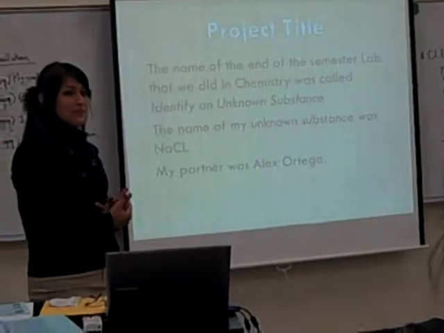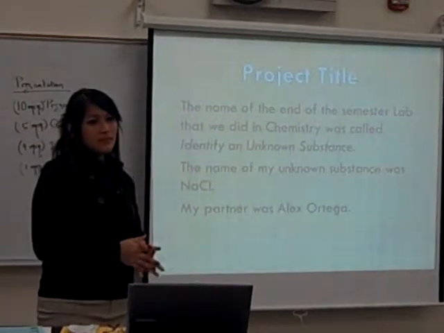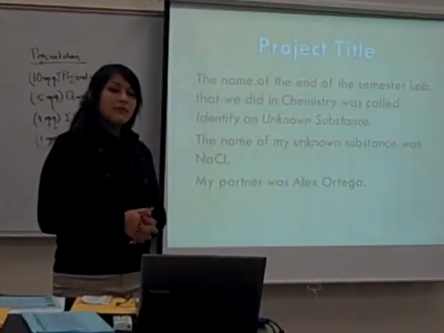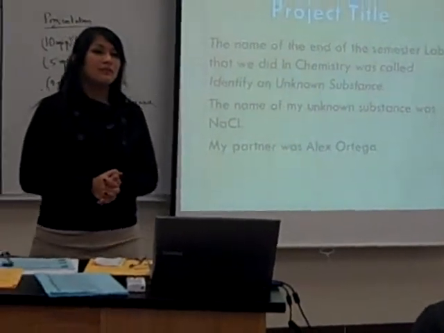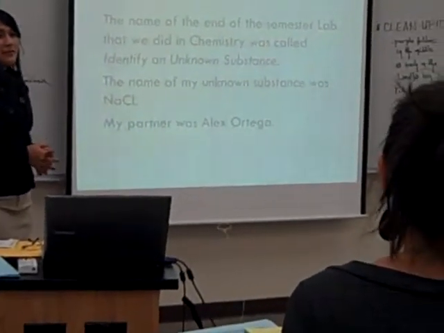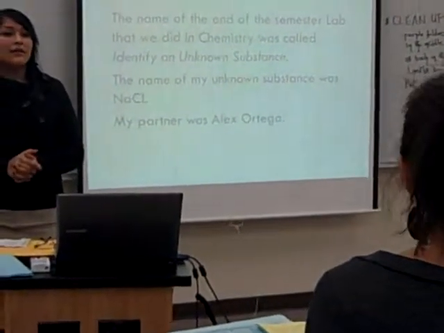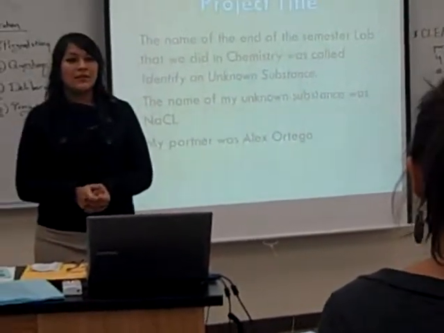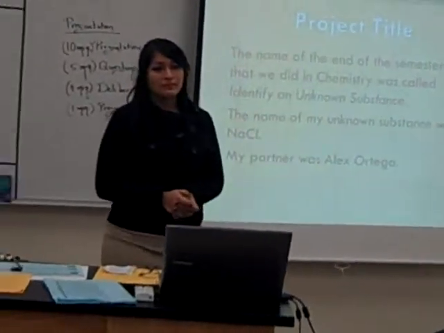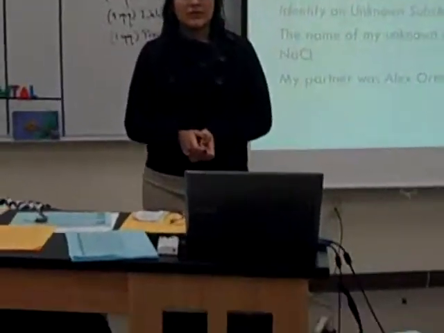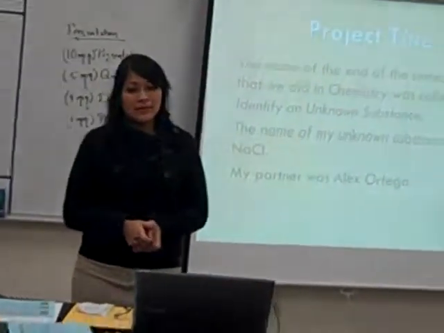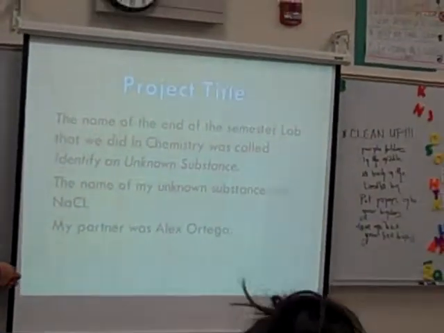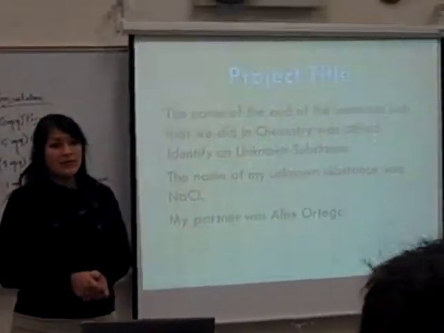So the name of your substance, how do you say the name of your substance? Like, what does Na, the chemical symbol, Na? And Cl is chloride, so do you know how to say the name of the substance? Sodium chloride. And also this system can be used for food because it's salty.